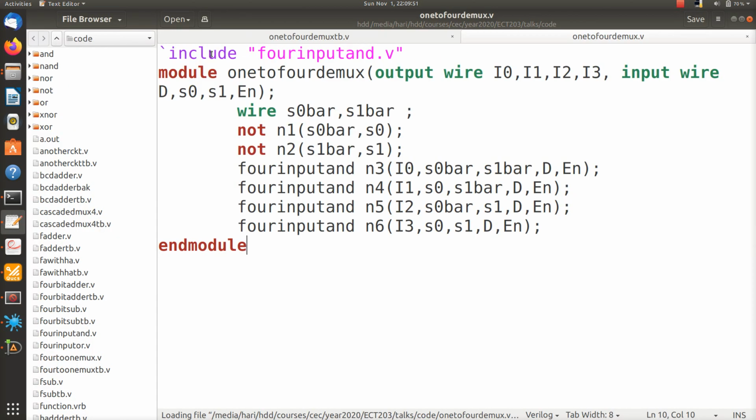Here I include the earlier made 4 input AND gate because it is very easy with a 4 input AND gate. So I start a module with the name 1 to 4 demux.